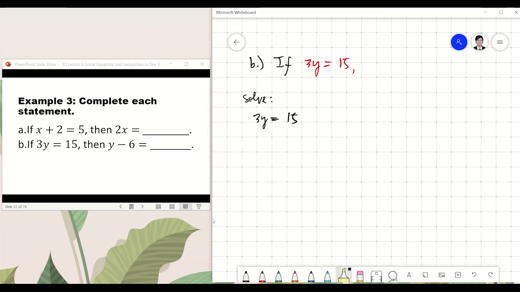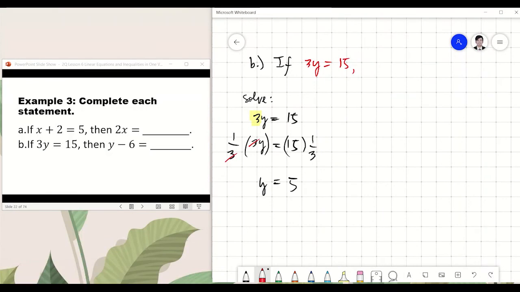Since yung 3 natin, coefficient ng ating y, yung goal natin is magiging 1 siya. And that's where we will use MPE. We multiply the reciprocal of 3, which is 1/3. So whatever you do on the left, do on the right. So makakancel out yung 3 natin, y na lang yung matitira. So we have 15 divided by 3, which is equal to 5.